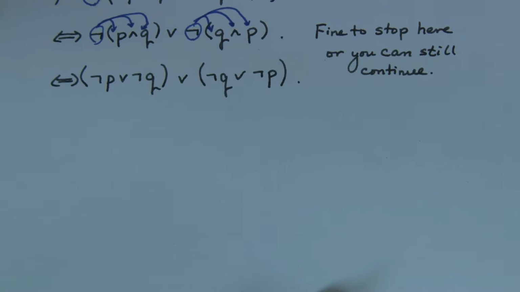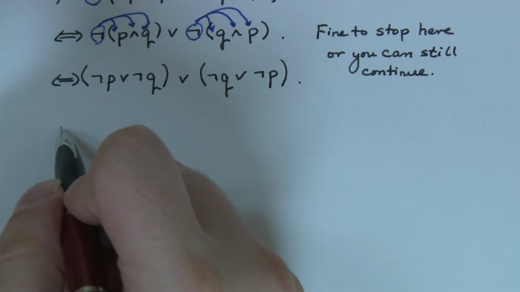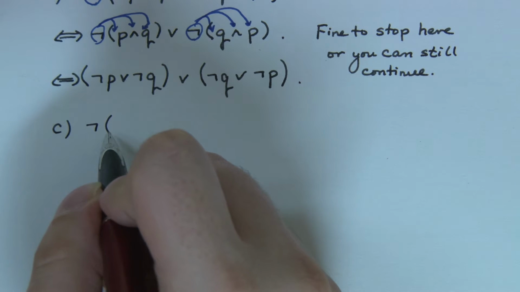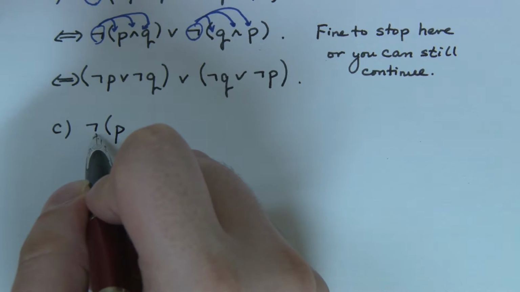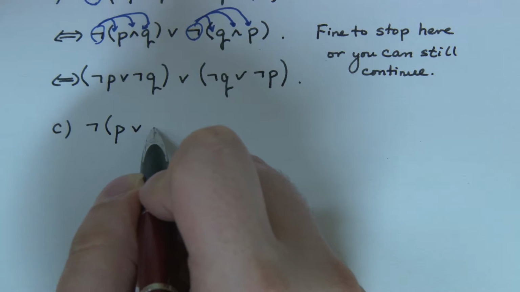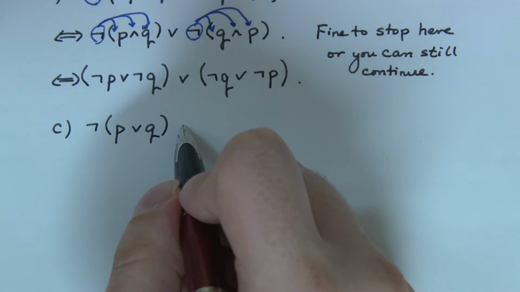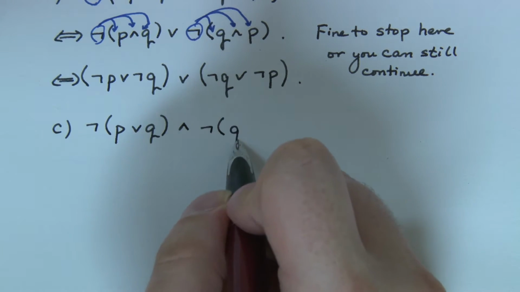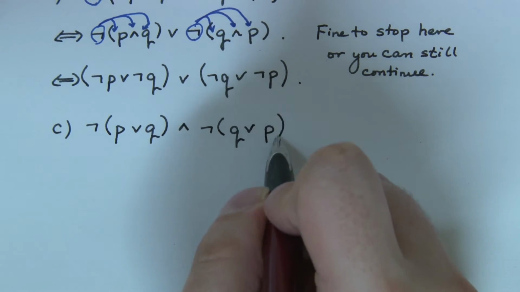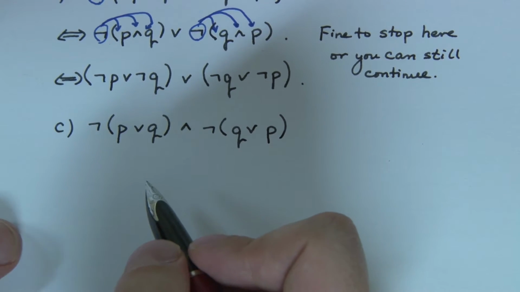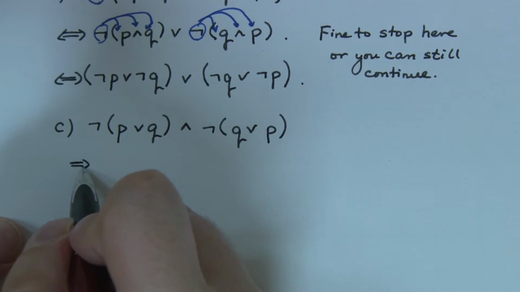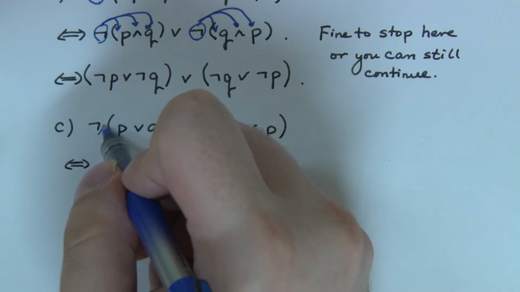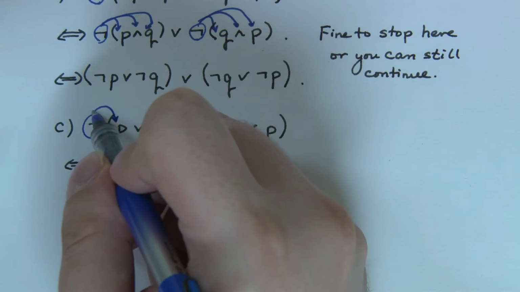For part C, I have a negation with P or Q and not Q or P. Okay. So again, the same idea. This distributes here.